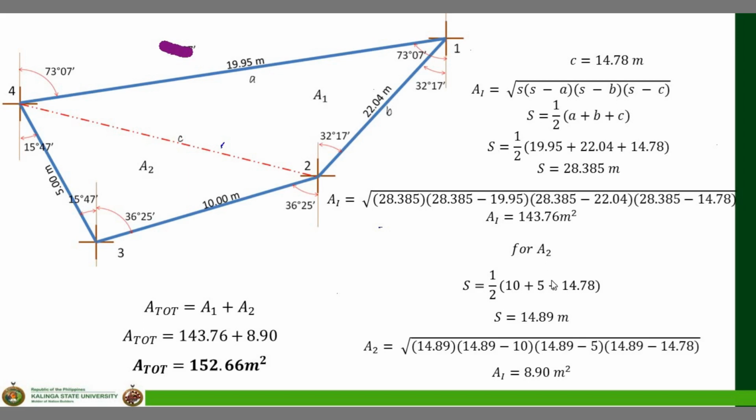Any question for this problem? May question po ba? Before I proceed with the next slide.